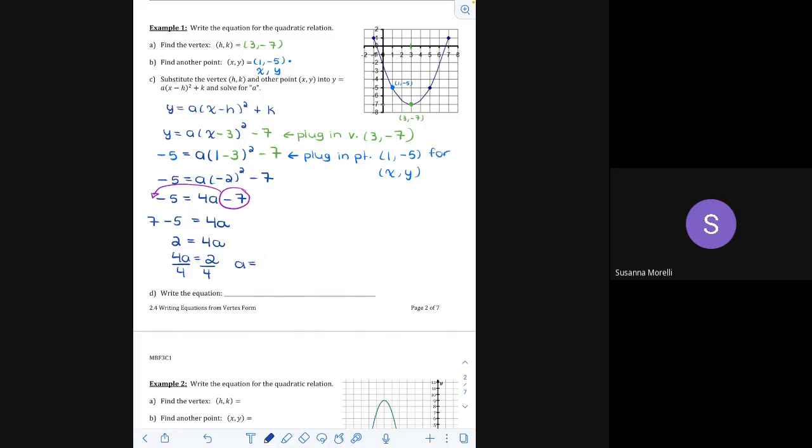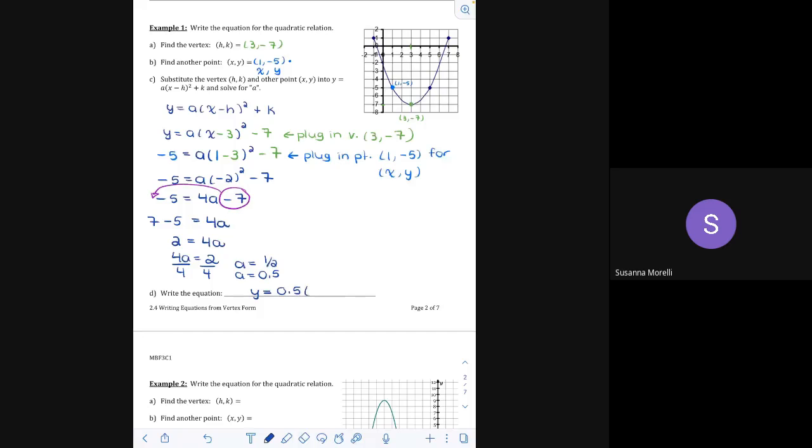So a is equal to 1/2, or you can also put it as a decimal if you prefer. So the equation is y is equal to 0.5 bracket x minus 3 squared minus 7.